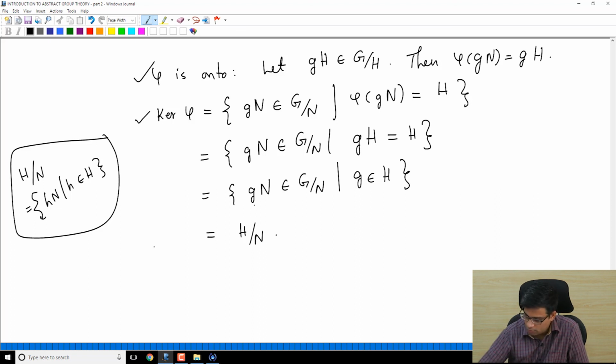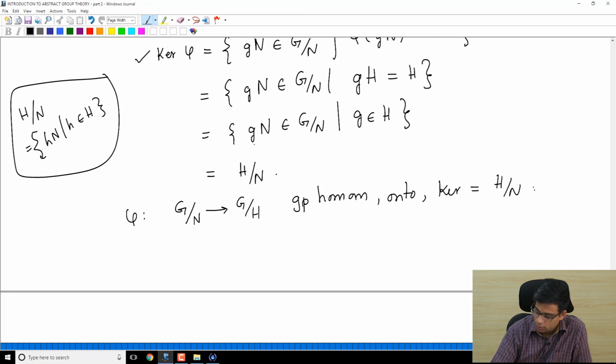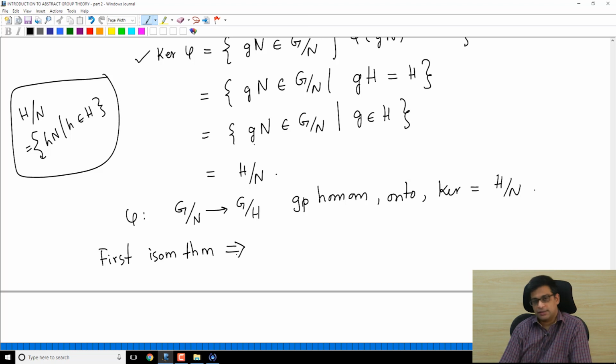Now, what is the situation? φ is a map from G/N to G/H. It's a group homomorphism, onto, with kernel equal to H/N. Now what does the first isomorphism theorem say? You have a group homomorphism which is onto with kernel H/N.